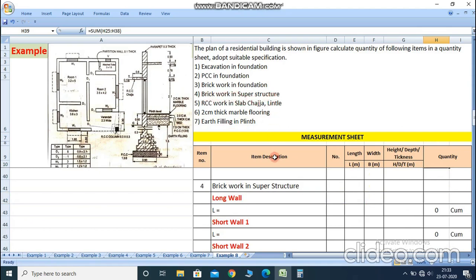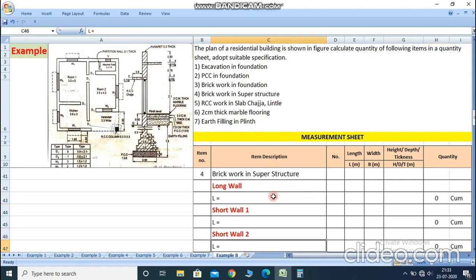Brickwork in the superstructure means above the plinth level we calculate the length. So for the long wall, this part 1, 2, 3. The total length of the long wall is calculated from external corner to external corner.